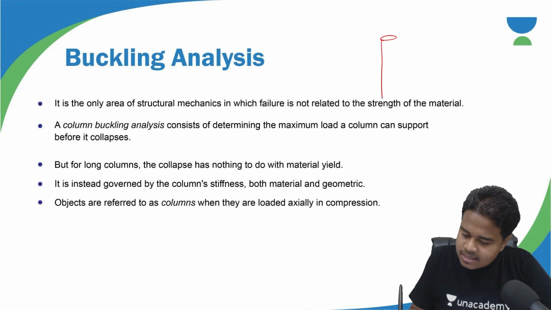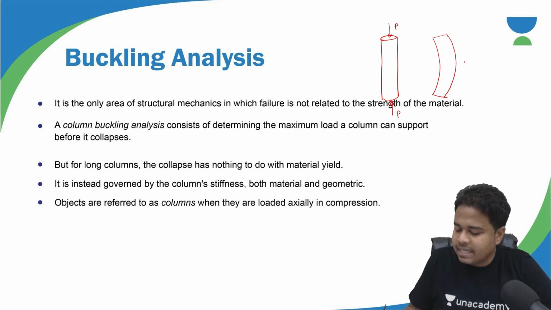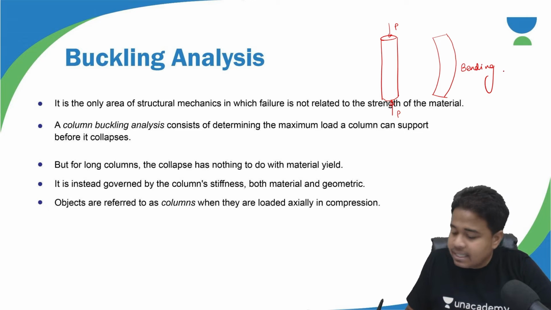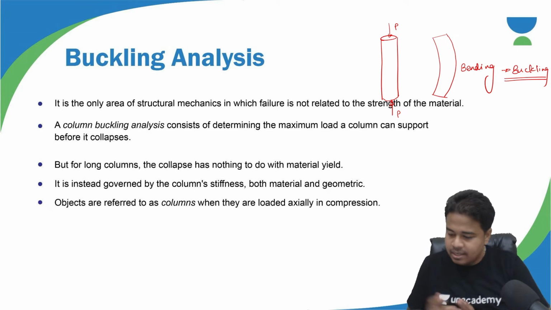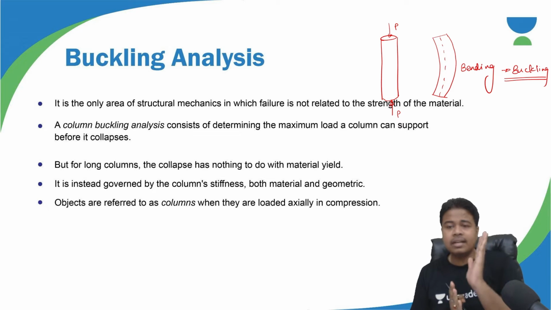See, this is the column, and let's say this column starts bending due to the compression load. See, this is the bending. That bending is known as buckling. Okay, this is the buckling. The column will try to buckle.